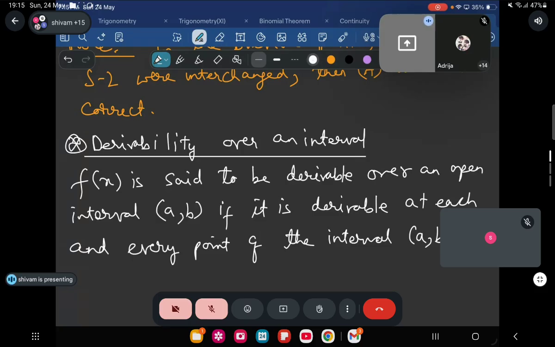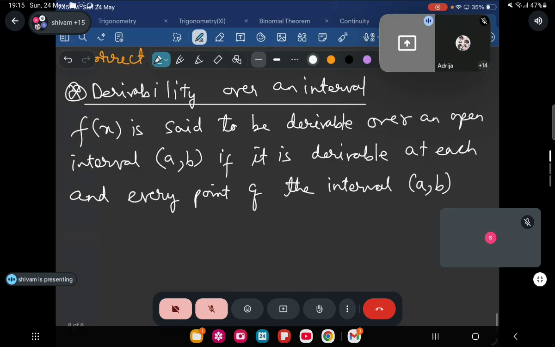Means the graph should be totally smooth between a and b.